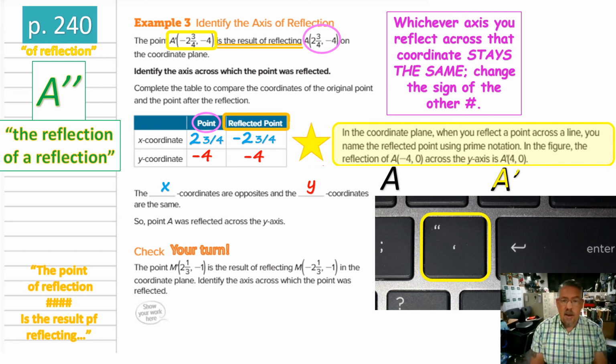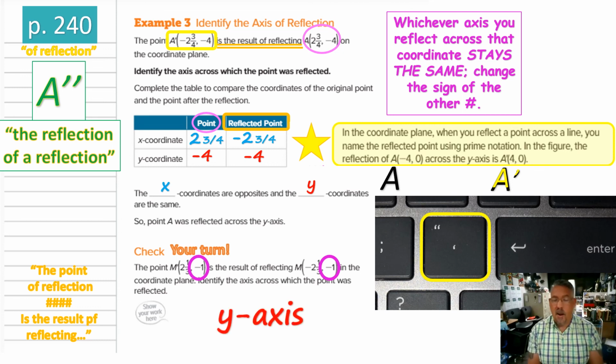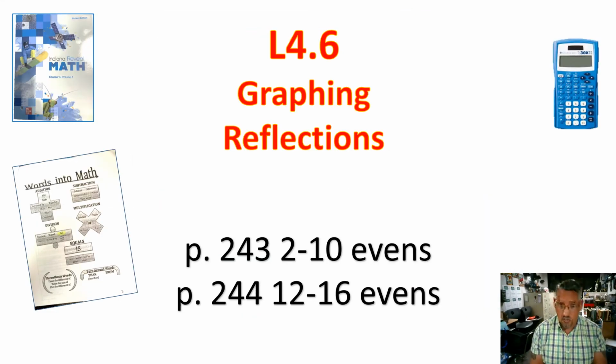I look at the y's and I have negative 1 and negative 1, right? So my reflecting axis is going to be the y-axis. Hopefully that's not too difficult to identify. It's just which one doesn't change, right?